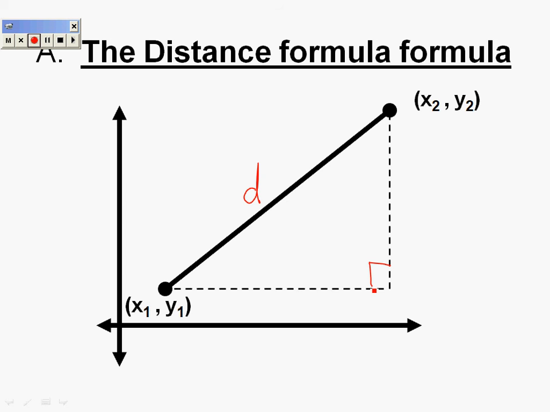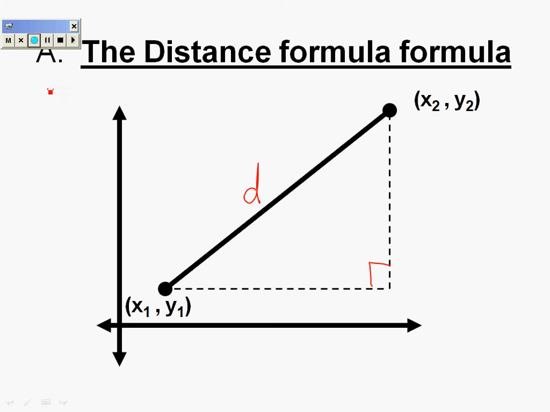Now there's a rule about right triangles, a real famous one. There's a few of them, but does any come to mind? What rule do we know about right triangles? It's Pythagorean's theorem.